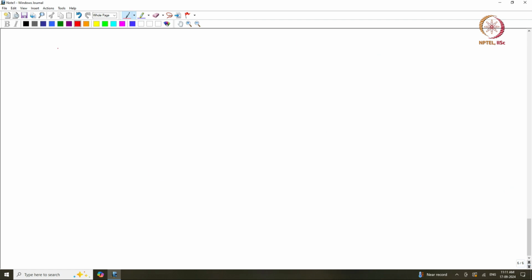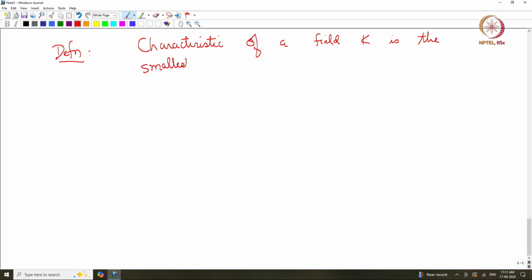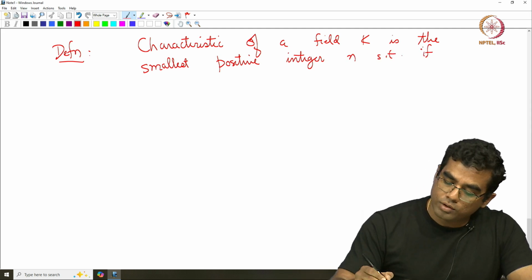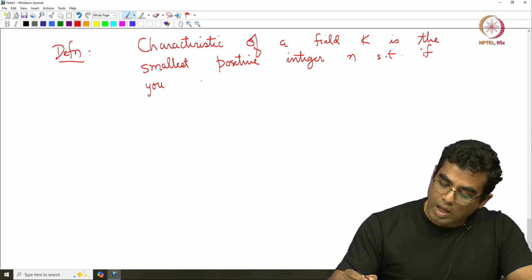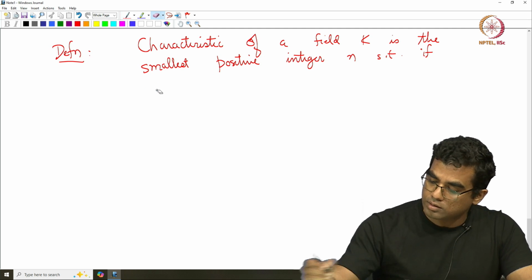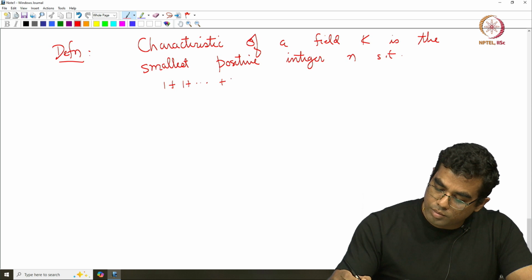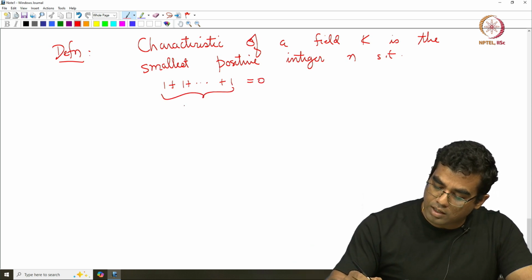and here is a definition. So, the characteristic of a field K is the smallest positive integer n such that if you add 1 to itself, so, let me say such that 1 plus 1 plus ... plus 1 equals 0, and this is taken n times.